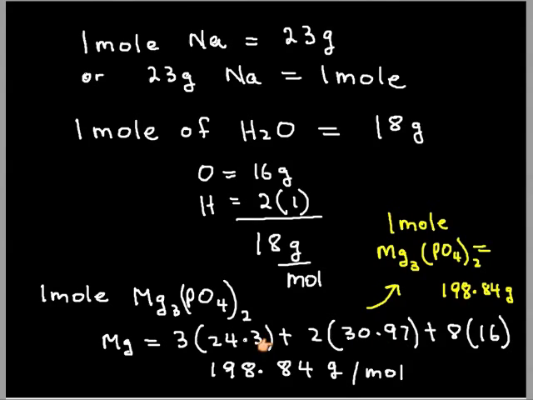These numbers are given in the periodic table. So when you do your math, you get 198.84 grams per mole. 1 mole of magnesium phosphate is 198.84 grams, which is also equal to 6.02 by 10 to the 23 formula units.